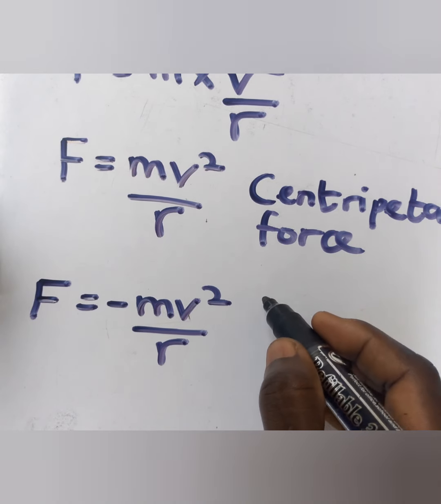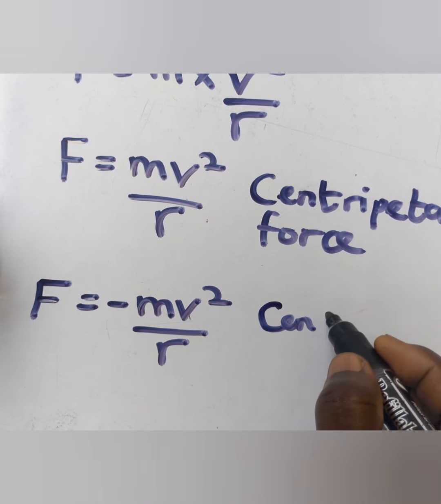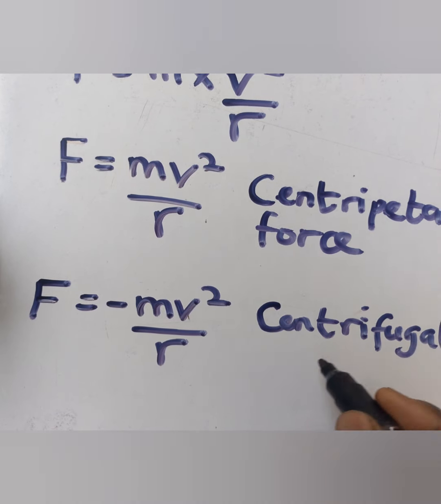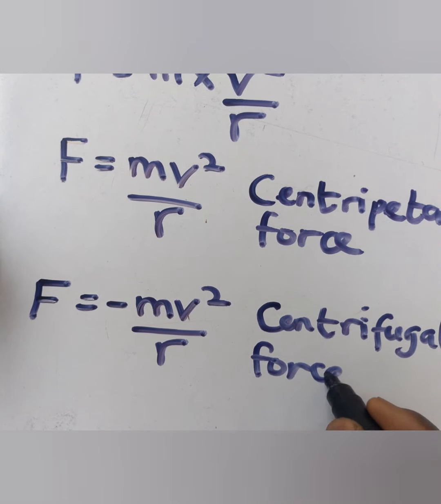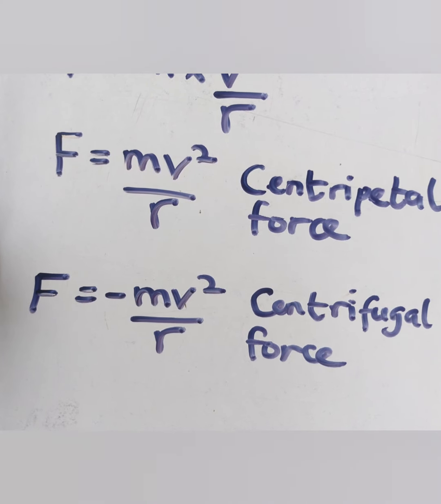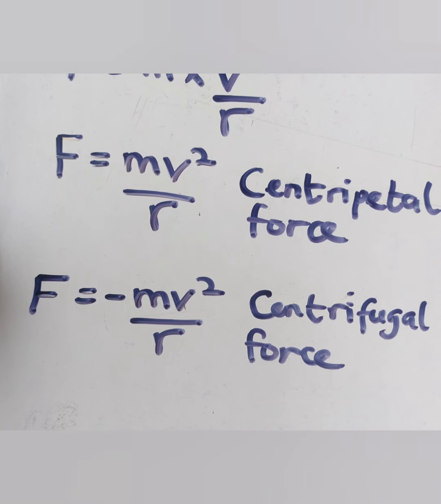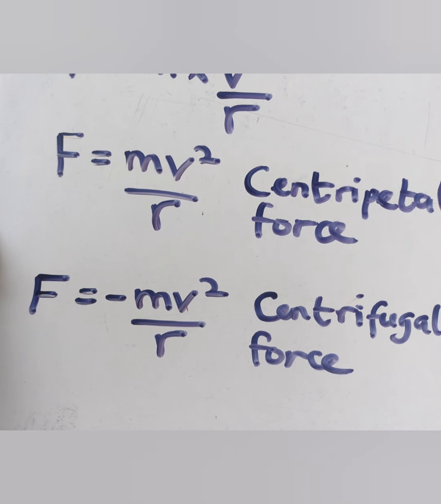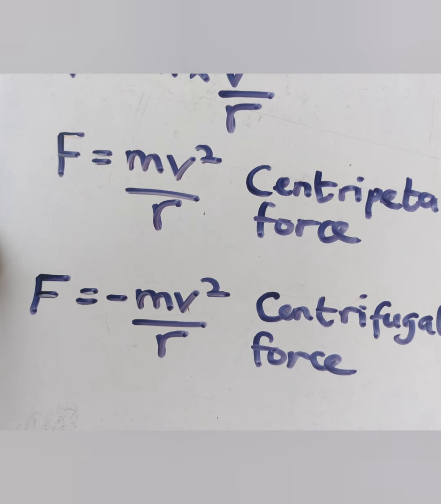This is my centrifugal force. That is to tell us that the centrifugal force is equal to the centripetal force but only acts in the opposite direction to the centripetal force.